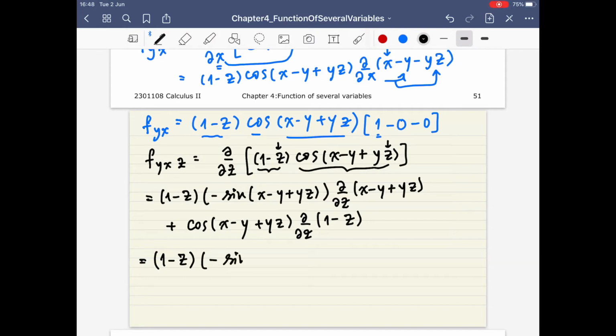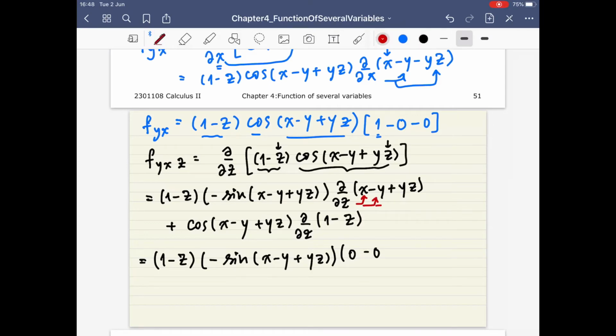So this was a negative sine of x minus y plus yz. So this derivative with respect to z of the x has become a 0 for the first one. It has become another 0 for the second one.